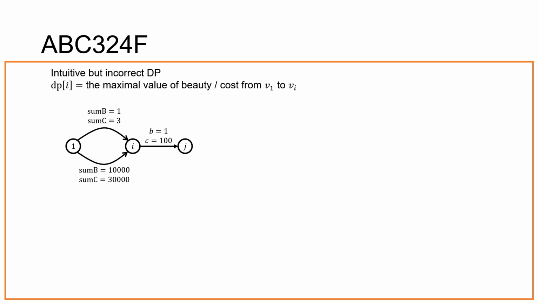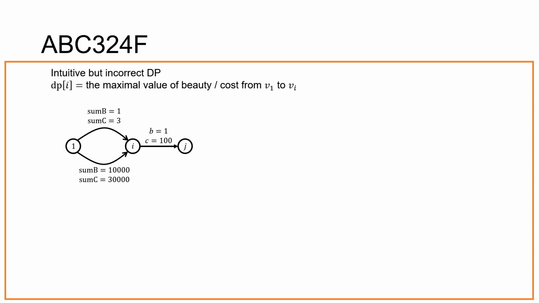Here, I'll show you an intuitive but incorrect choice of value. We want to define dp of i as the maximum value of beauty per cost from v1 to vi, determine its values from 1, and finally reach dp of n, which seems to be the answer. However, we can't do that. Let's see the counterexample. Suppose we've reached vi and we have two routes from v1 to vi.